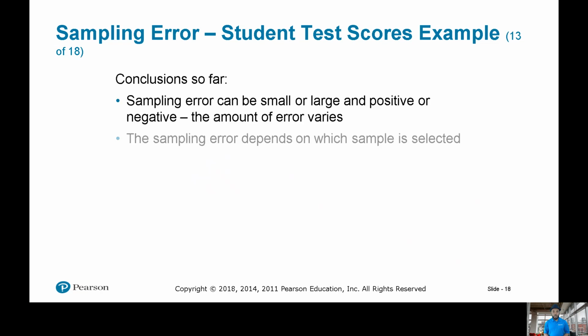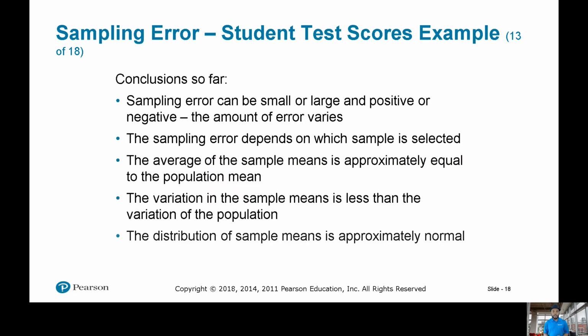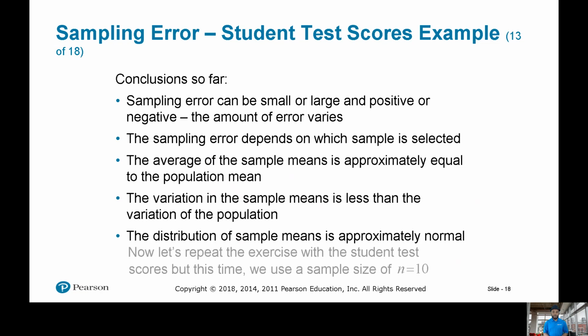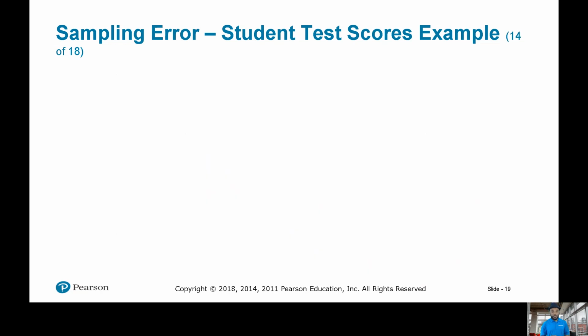Let's move on. What else did we discover here? The last one we've seen is that the distribution of sample means is approximately normal, irrespective of the population distribution. Now let's repeat this exercise with the student test, and this time we are going to draw a sample of size n equals 10.